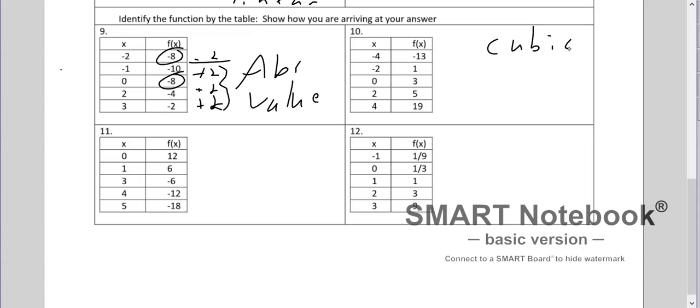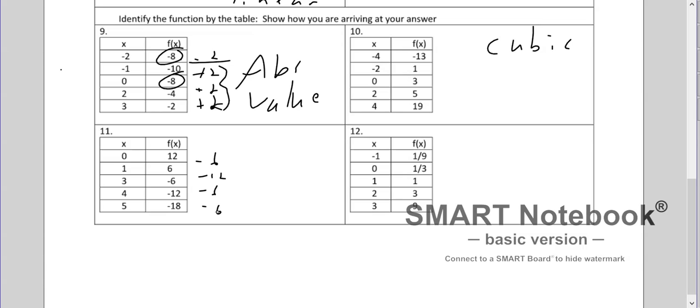All right, this one's a little bit easier. 12 to 6 is -6. Then -12. -6. And -6.